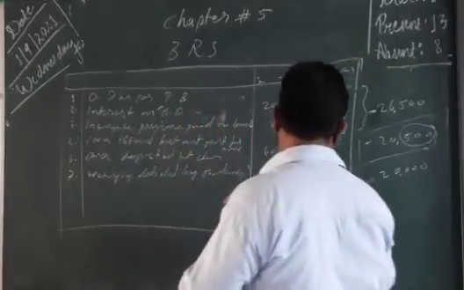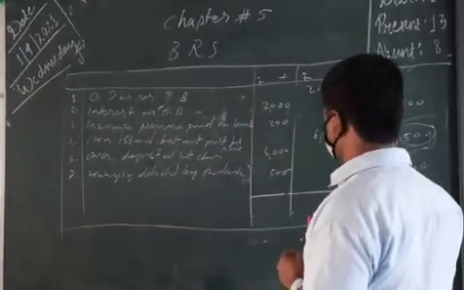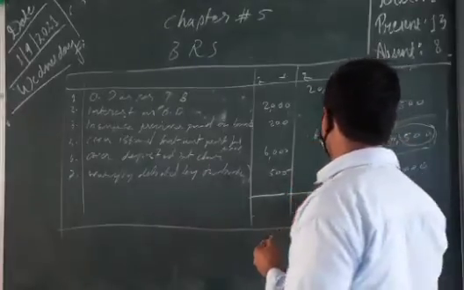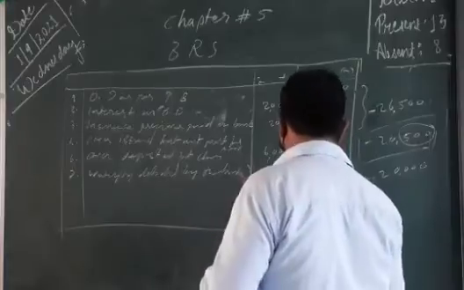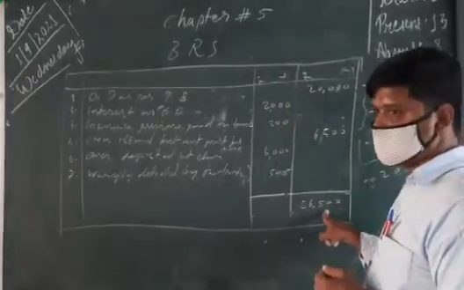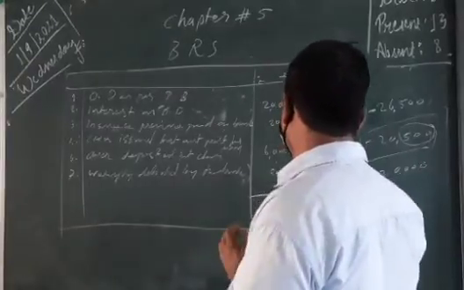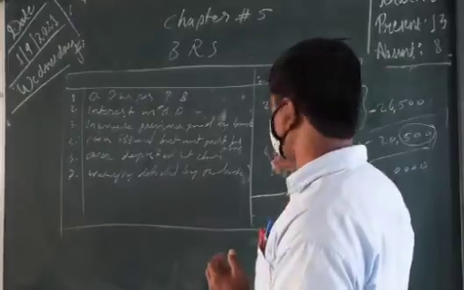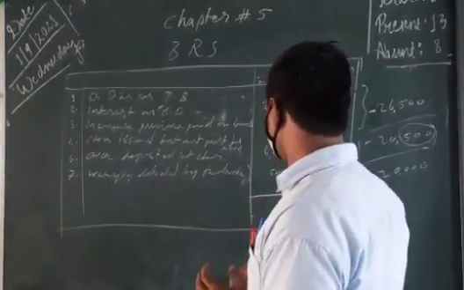Then we take the total of both sides. As I said, which side has more? This side has more, that is 26,500, a negative balance. Actually, this is the total negative balance. So against how much adjustment or how much amount comes in bank, 26,500.